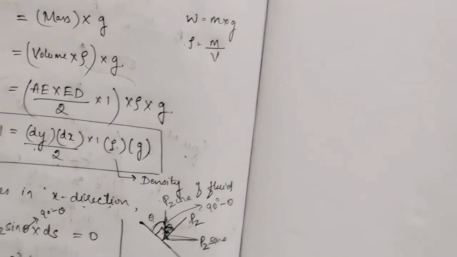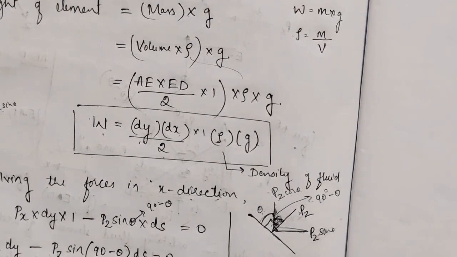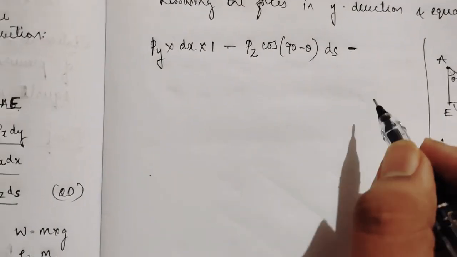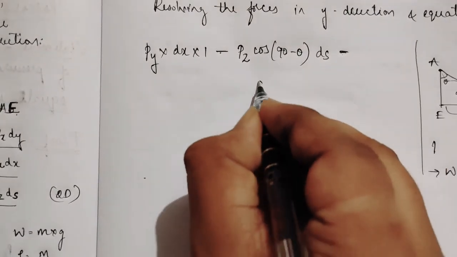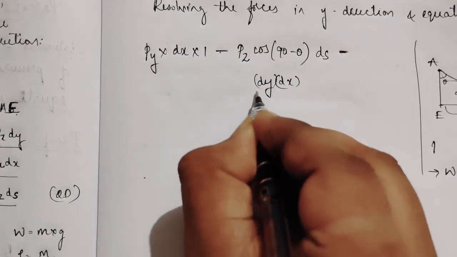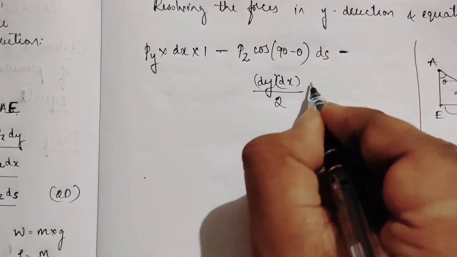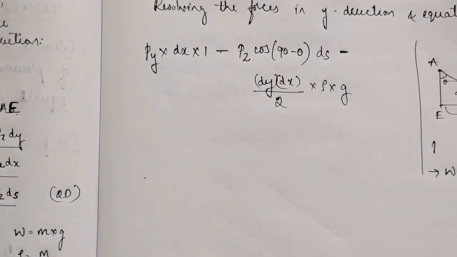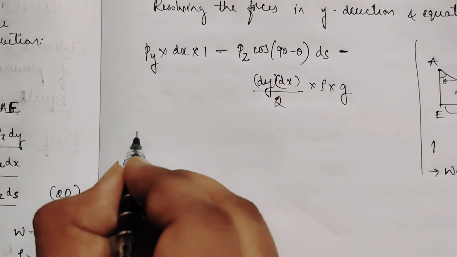Weight of the element we already calculated, so I'll just copy that. Don't ask where it came from. That is dy into dx divided by 2 into rho into g. Now I'll simplify.